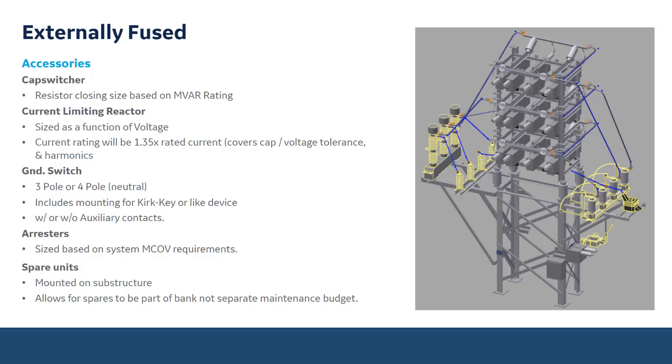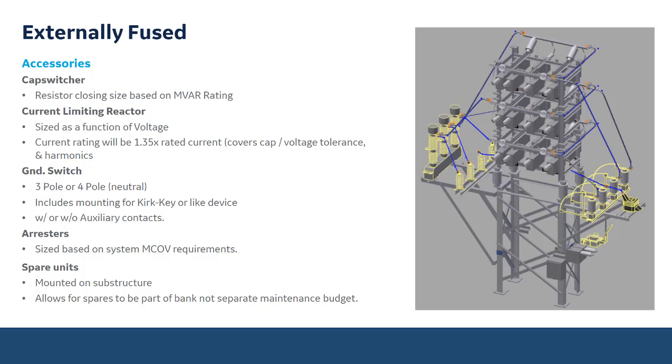Another thing in this example here is you see 2 spare units are mounted on that substructure. This allows for a couple of things. Number one, if a capacitor fails, the replacement is on site already.